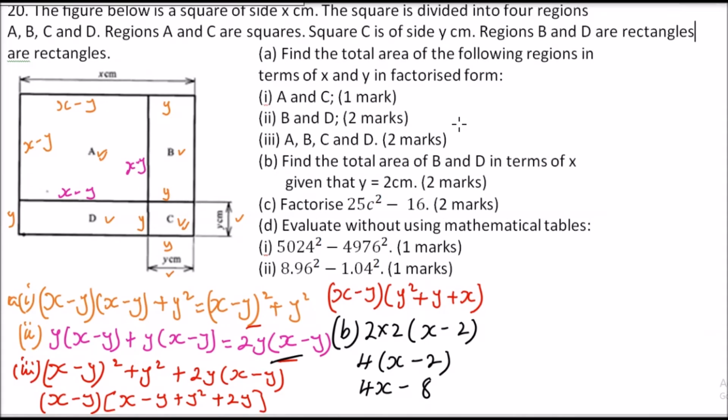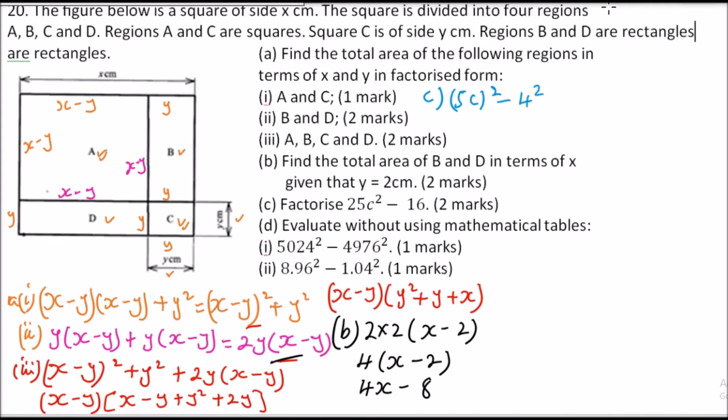Next, we are told to factorize 25c squared minus 16. So that's a difference of 2 squares. So we can write this as (5c) squared minus 4 squared.